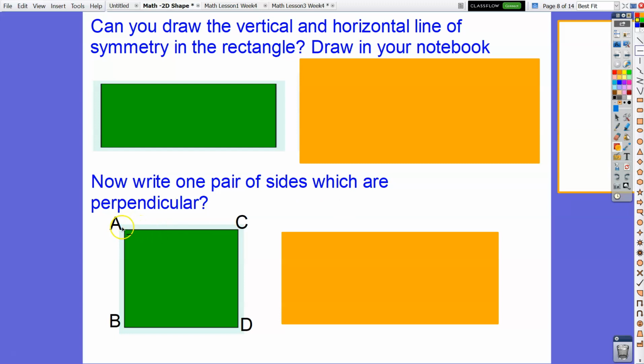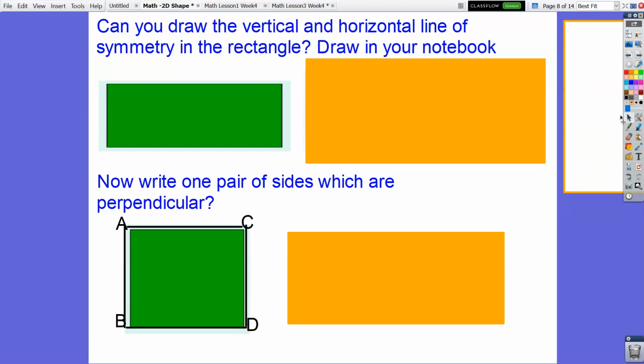These lines are called line AC, and this line is called line BD. Other lines are called line AB and line CD. Now pause the video and do the activity.